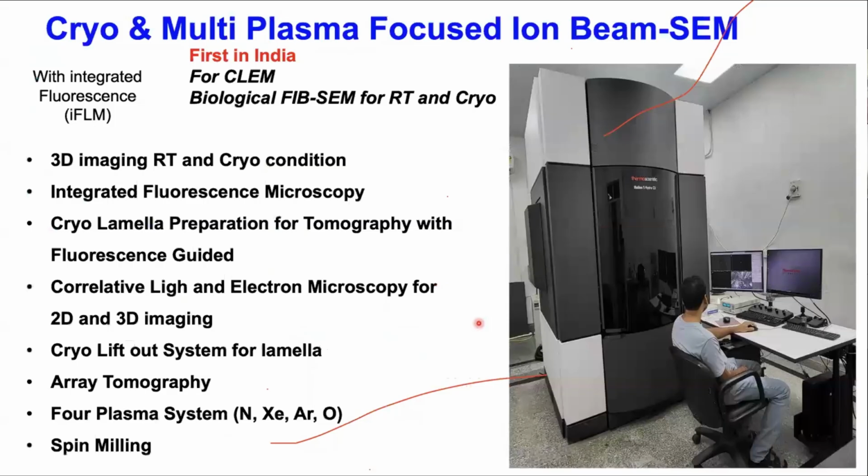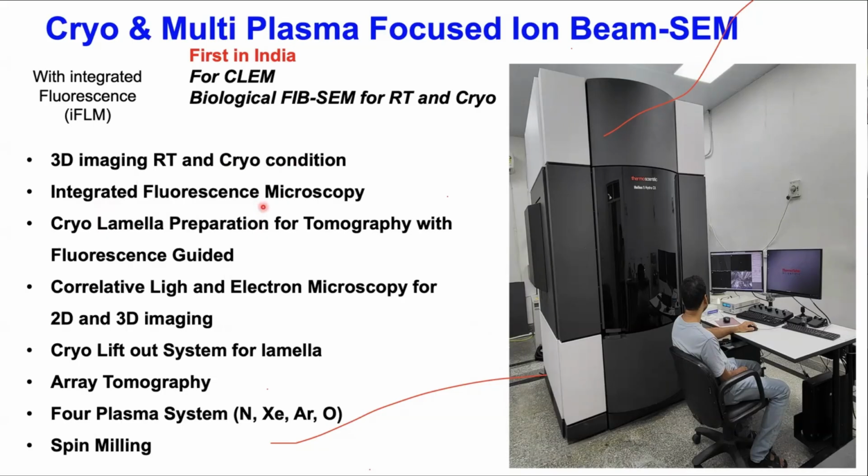Now, coming to the real equipment, we established last year, first in India, these machines with cryo and multi-plasma focused ion beam SEM. For CLEM and biological FIB-SEMs, the modes we have here are 3D imaging at room temperature and cryo condition, both with integrated fluorescence microscopy, IFLM.